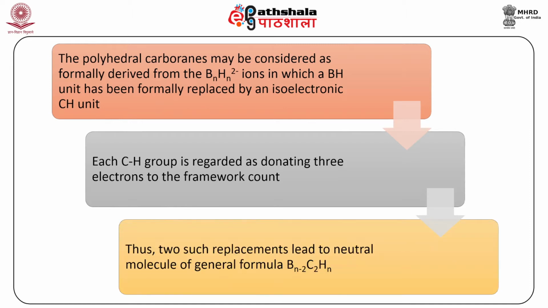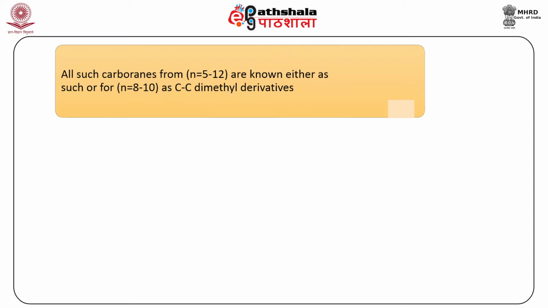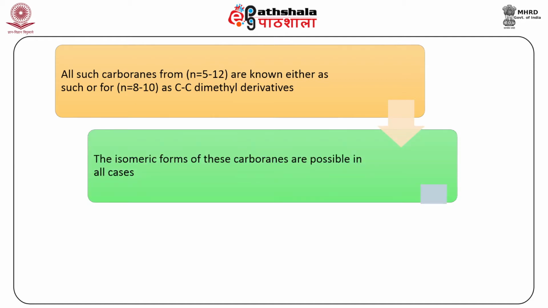Thus, 2 such replacements lead to a neutral molecule of general formula Bn-2C2Hn. All such carboranes from n equals 5 to 12 are known either as such or, for n equals 8 to 10, as C,C-dimethyl derivatives. The isomeric forms of these carboranes are possible in all the cases.